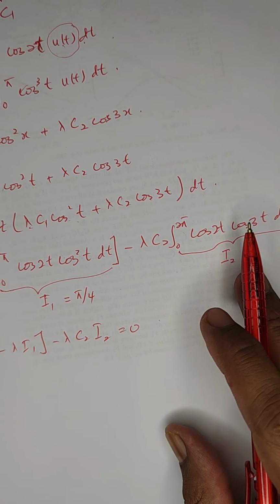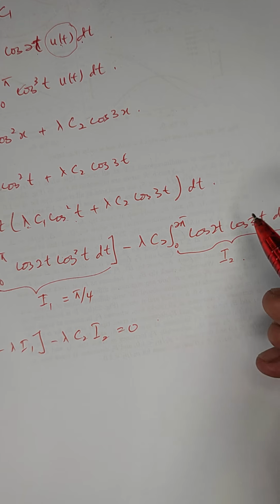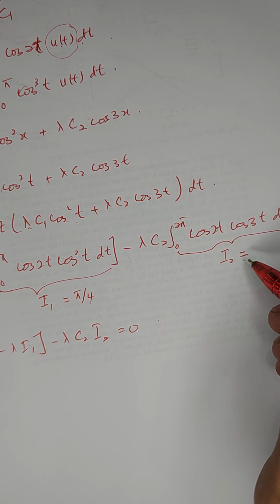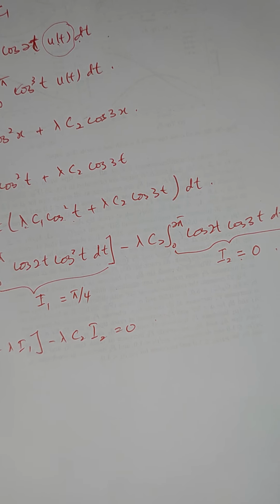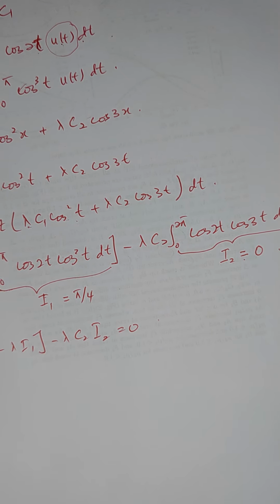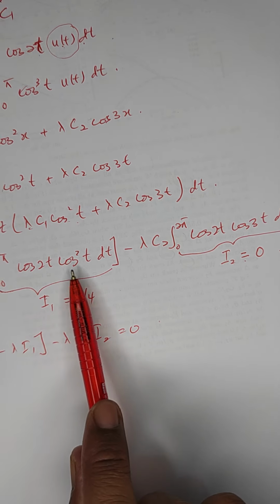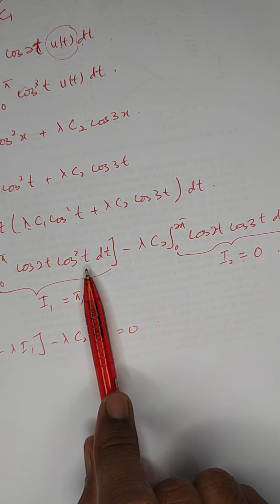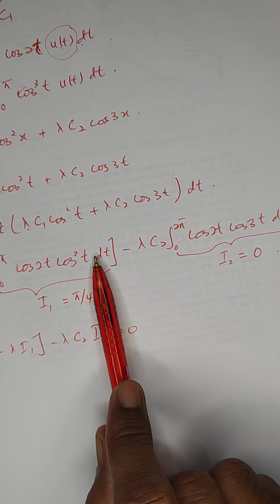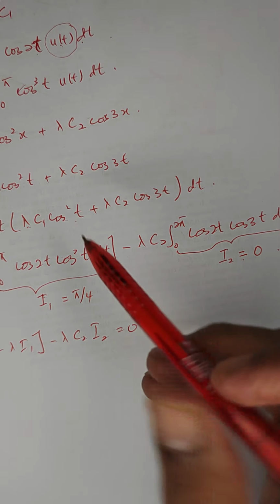And if you evaluate this one, let me check my notes, that's 0. Now in order to evaluate this, you need to use the appropriate identity.